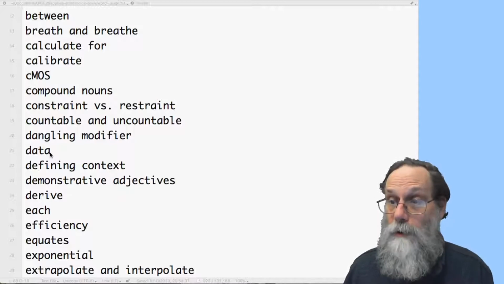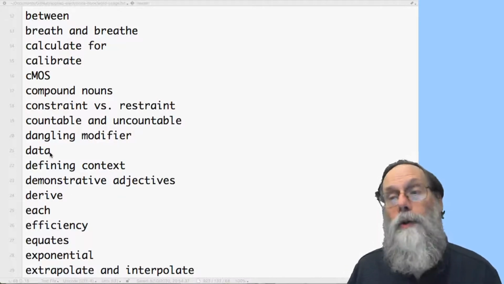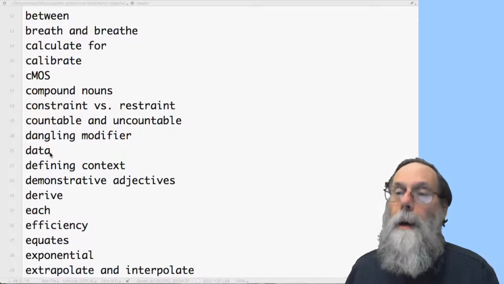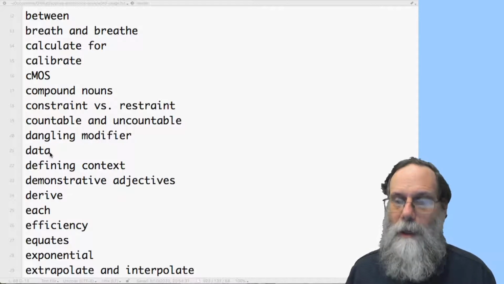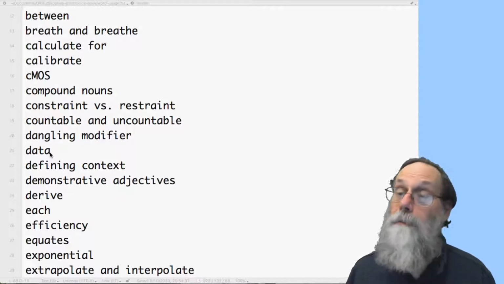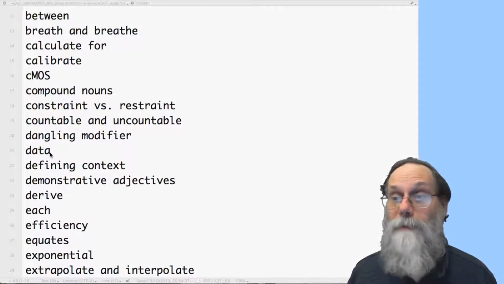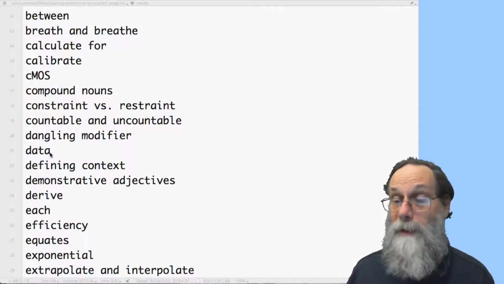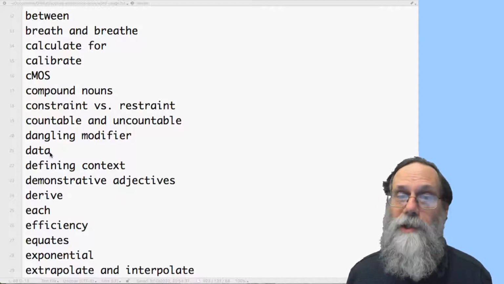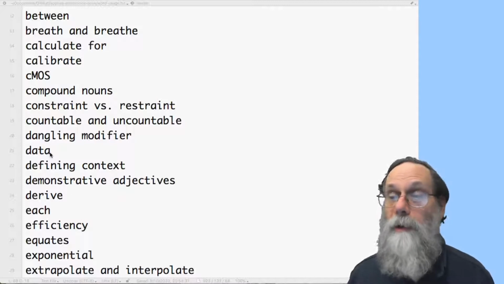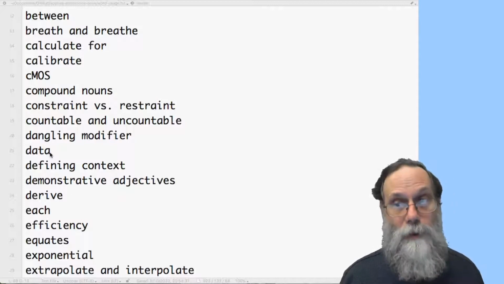I don't care which you use. You can make it a plural noun, you can make it an uncountable noun. Either way, be consistent. And be consistent with what your partner writing the report with you is doing. If you both are using the word data, make sure you're both using it grammatically the same. So consistency is all I ask for that. You can use it as an uncountable noun, or you can use it as a plural noun.